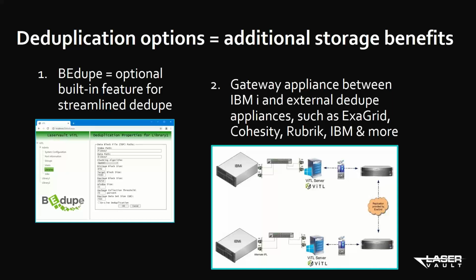So also, we had mentioned using SAN, NAS, or existing backup appliance storage for your IBM i saves.